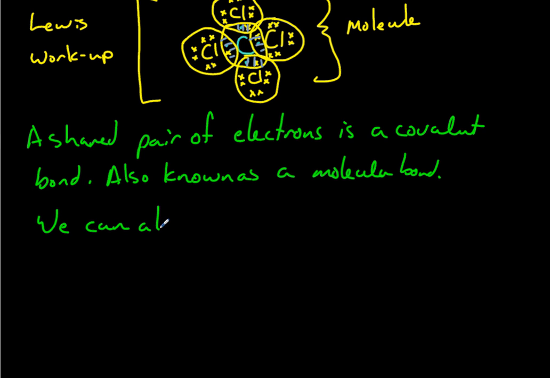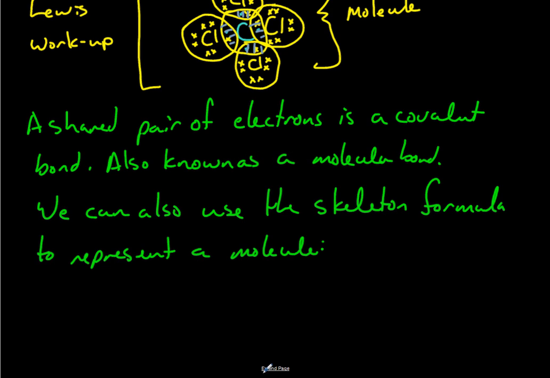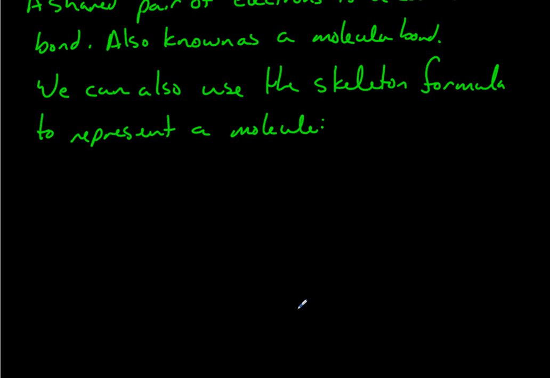We can also use the skeleton formula to represent a molecule. Okay, and in the skeleton formula, lines represent the bonds or electron pairs. Okay, so I'm going to put a new heading. I'll talk quickly about the skeleton formula.